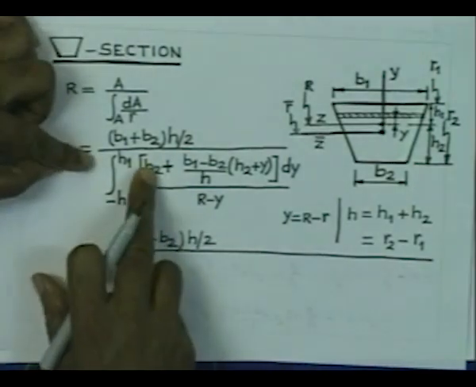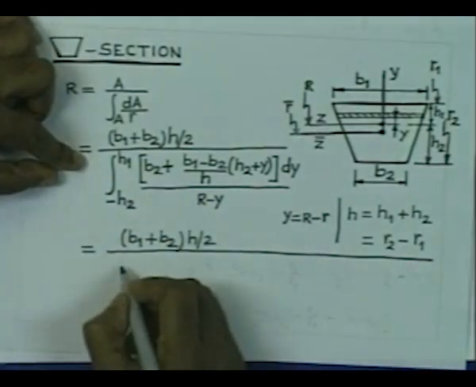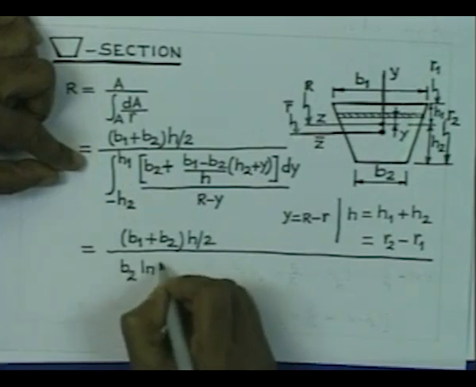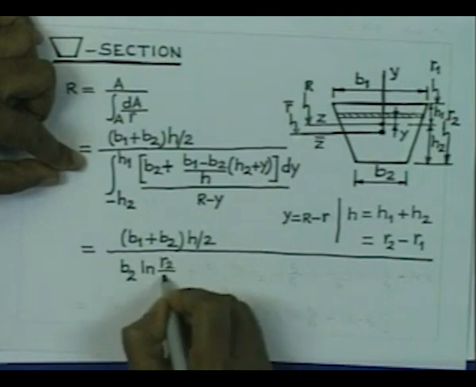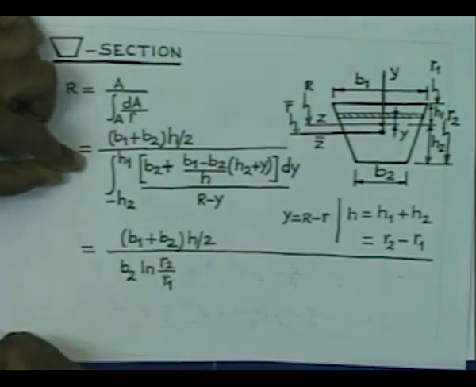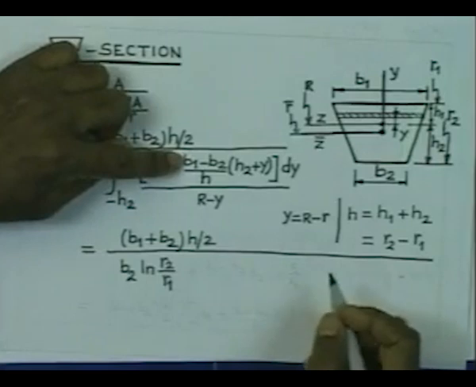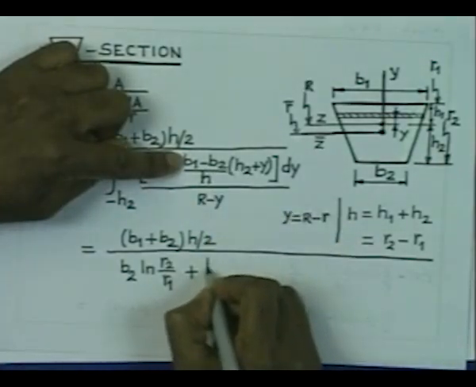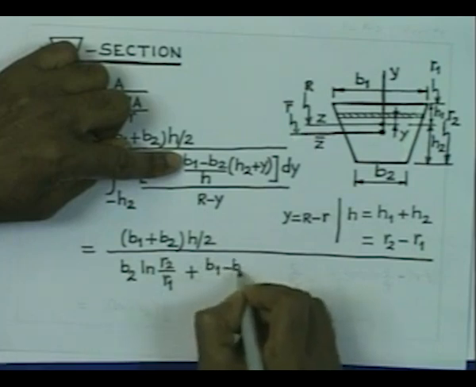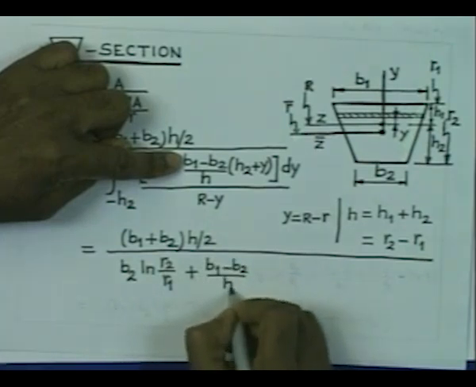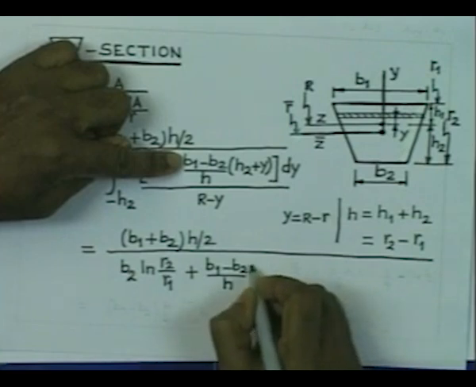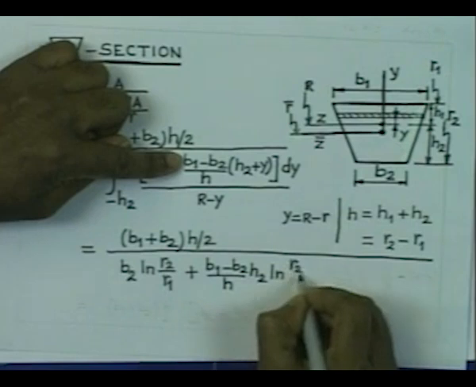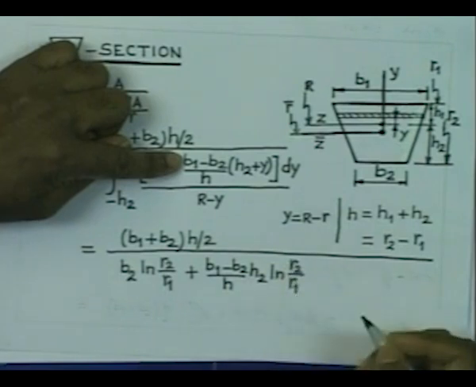We can integrate this portion very easily, and that will give us b2 ln r2 by r1. Similarly, this portion will also be straightforward, b1 minus b2 by h, and this is h2 ln r2 by r1.